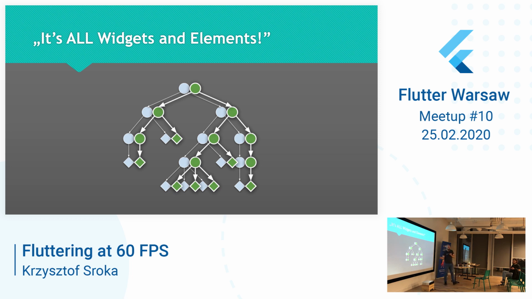When a new widget comes, the element gets updated with the new widget, but the old state that was created is reattached to that widget object. So the state itself can move even if a widget changes. And there's this didUpdateWidget method in state that's there for checking, should I reinitialize some fields because my configuration changed.